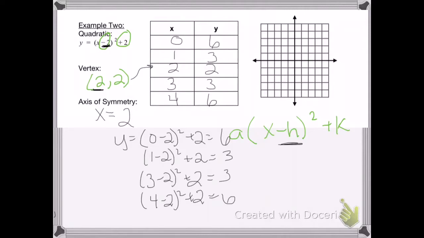First thing I'm going to do is graph my axis of symmetry. So we've got at 2. That is here. There we go. Next thing I'm doing is my vertex, which is at 2, 2. Let's see, that's about here. Next thing I'm doing is 1, 3.